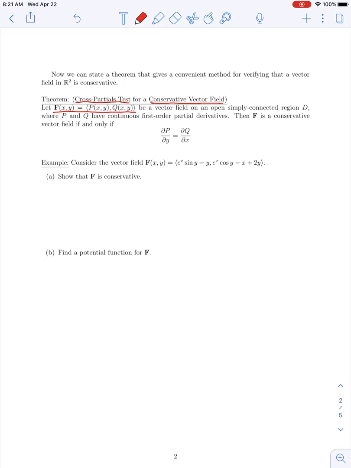And this will be a vector field defined on an open simply connected region D in the plane, where these component functions P and Q have continuous first-order partial derivatives. So this theorem says that the vector field F with those component functions is conservative if and only if these partial derivatives are equal to each other.